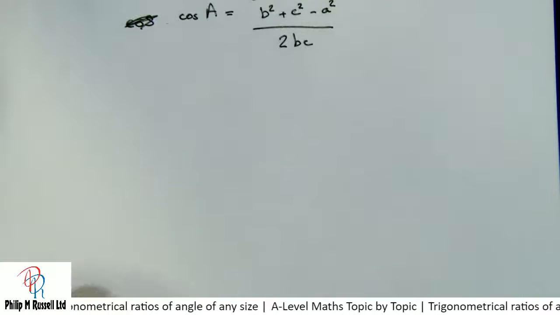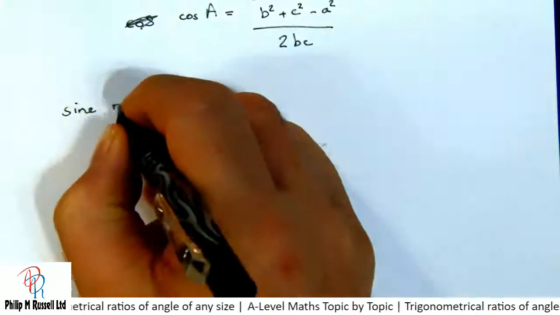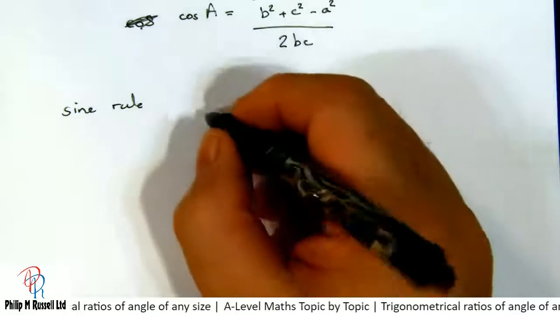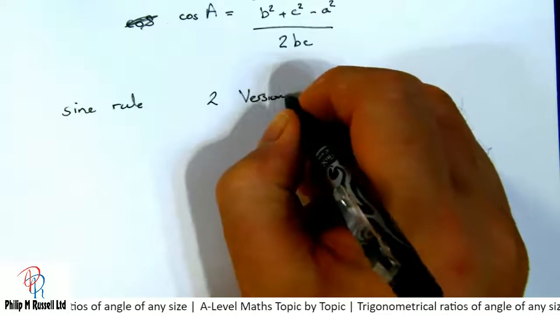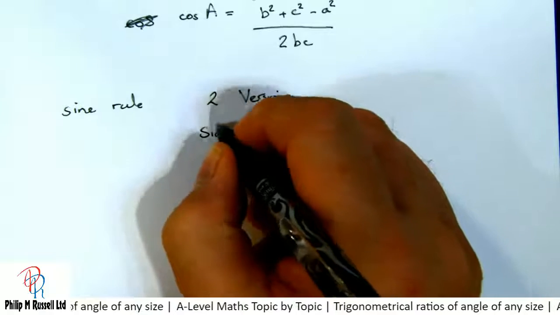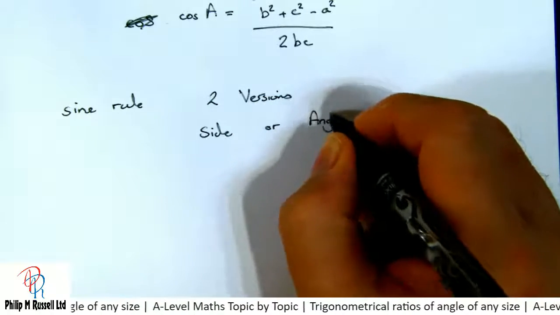If we look at the other rule, the sine rule, there are two versions of this, and again the two versions are to find a side or to find an angle.